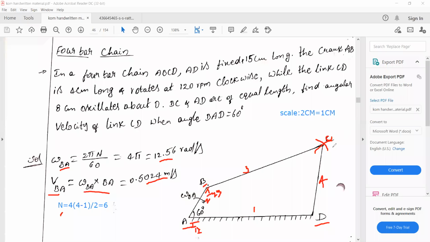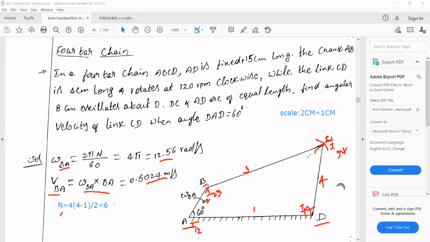And this one is I34, and at D position, I14.